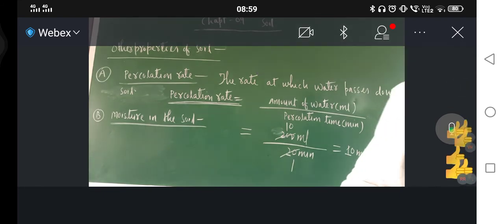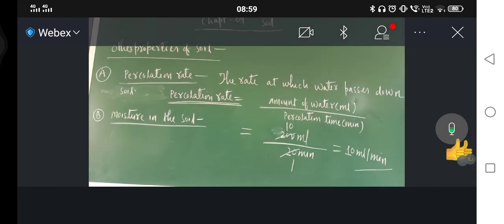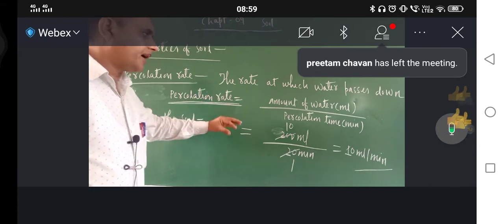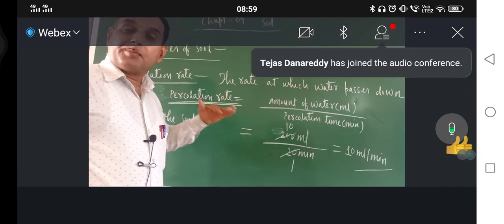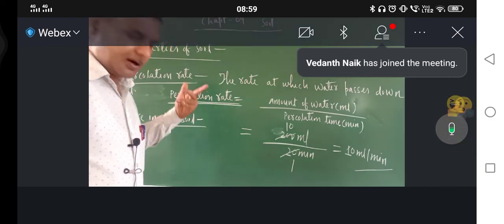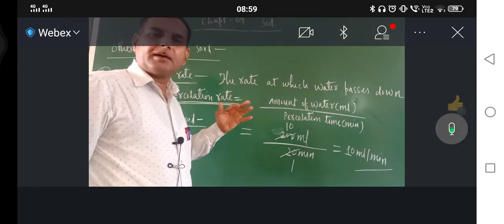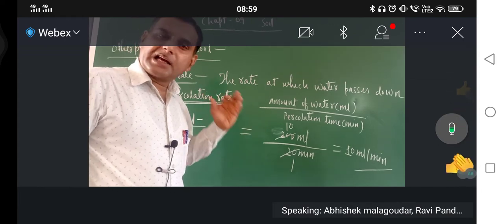So this is called the percolation rate. Now just try to understand, each soil's percolation rate will be different. In some places water will pass down very fast, and in some places water will not pass down fast. Let us come back to the types of soil. How many types of soil have we discussed? Sandy soil, loamy soil, and clay soil.